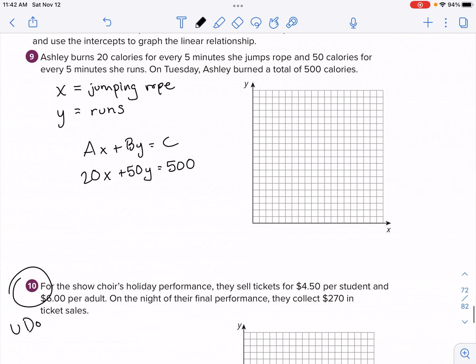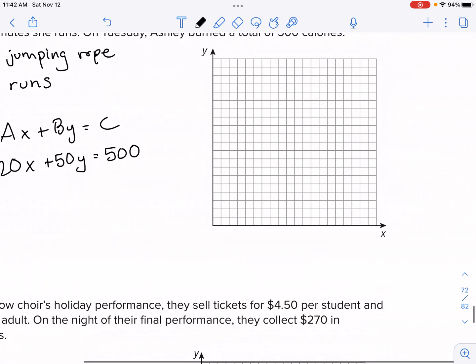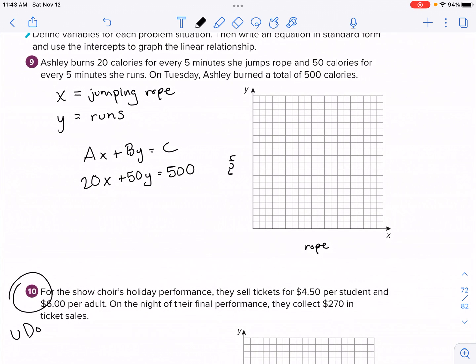Okay. Let's go ahead and label our axes here. Since we're saying x is jumping rope, I'll just put rope here. And then for the y-axis, this is running. I'll just say run right here. In order to find the intercepts, we do have to label our x and y axis.